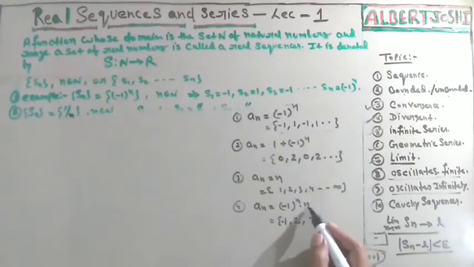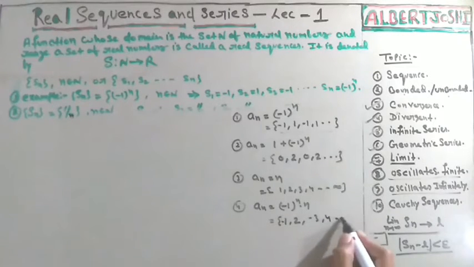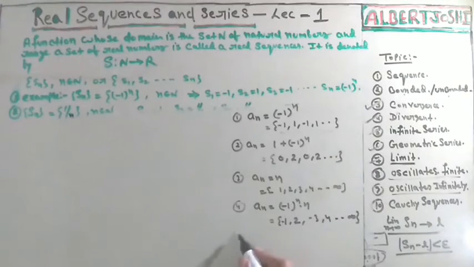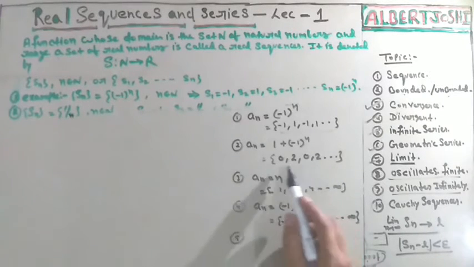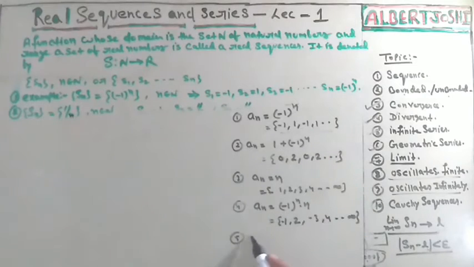If you put 4, then you are getting plus 4, and so on to infinity. So you have minus infinity and plus infinity as limit points. This is also unbounded, while the earlier ones are bounded.